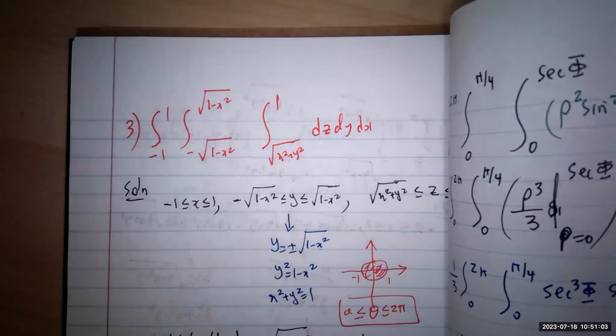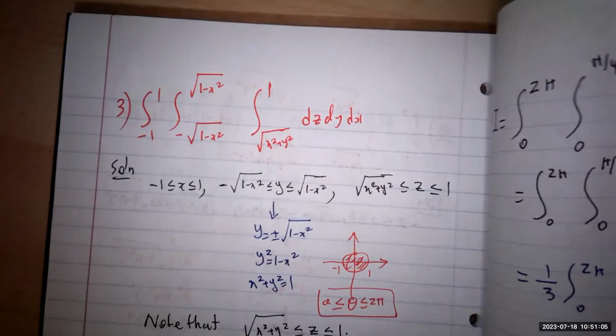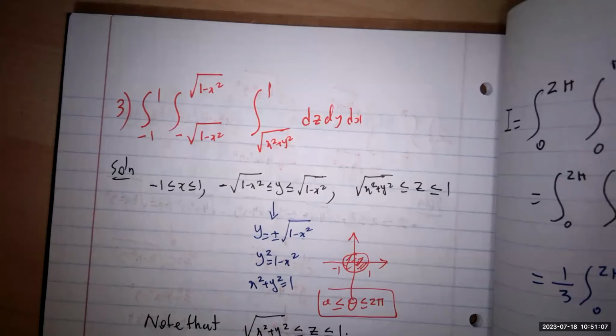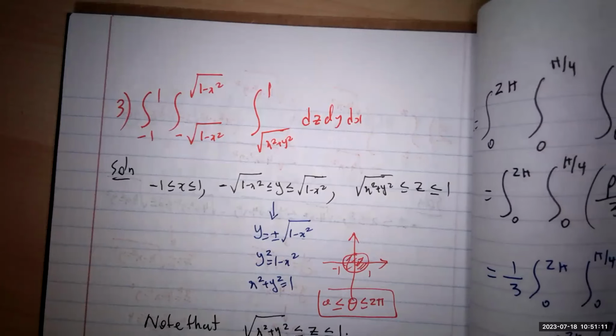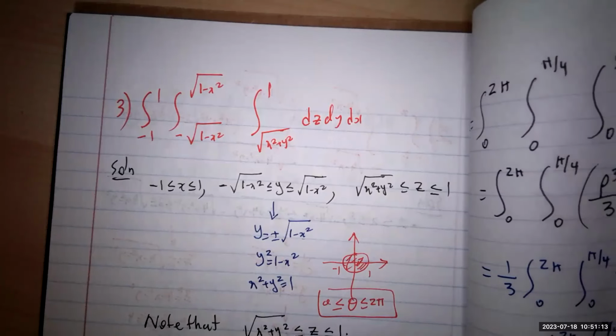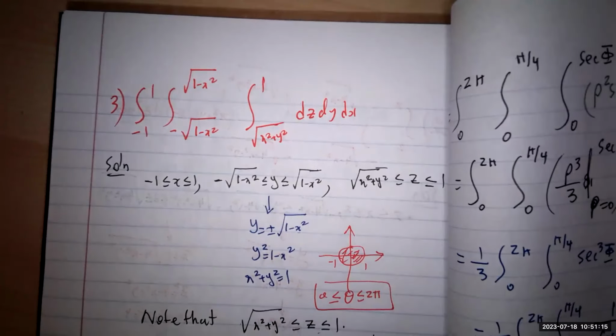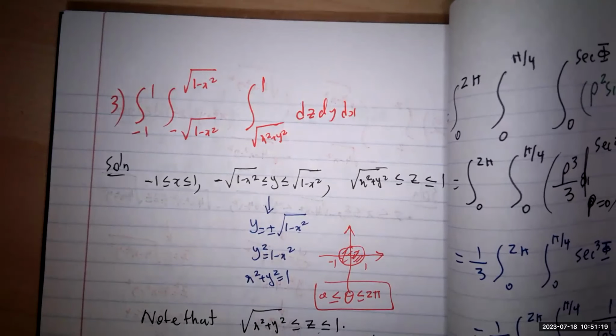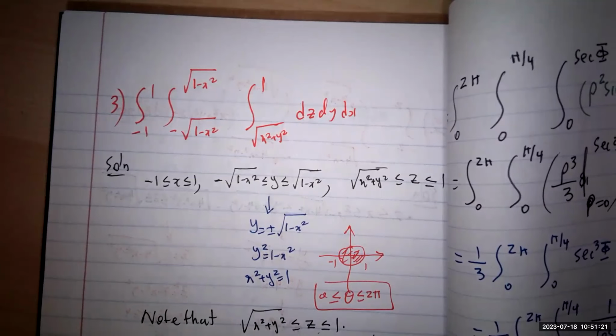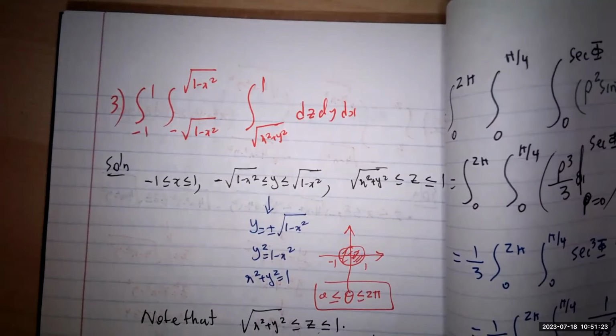Okay, so I want to make sure I give you a hint for that last example that we did. See this one? We did it with the spherical coordinate, but if you're given the choice, you can do it using the cylindrical coordinate. I'll show you the cylindrical one as well, so that in case you see it, you can pick a good choice.